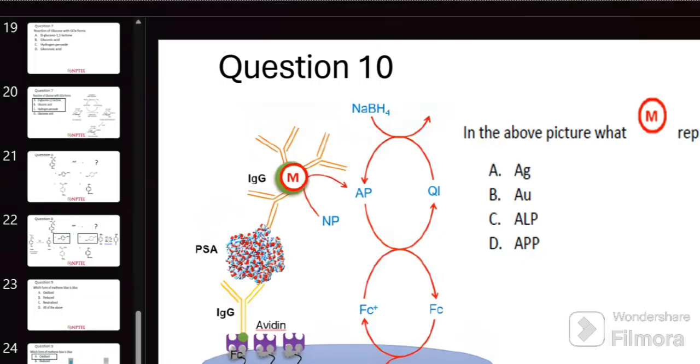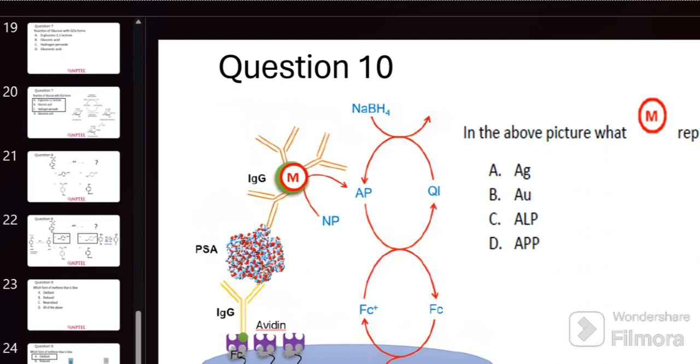So yeah, we have the answer. Yes, gold is basically used here. So you can see in this reaction, alkaline phosphate is an enzyme. For the enzyme to actually take a reaction, it cannot do a reaction with a nanoparticle.